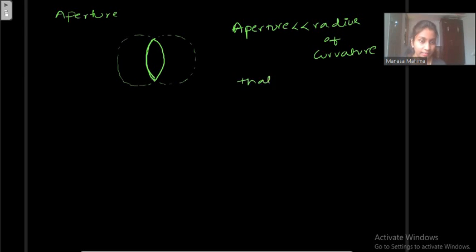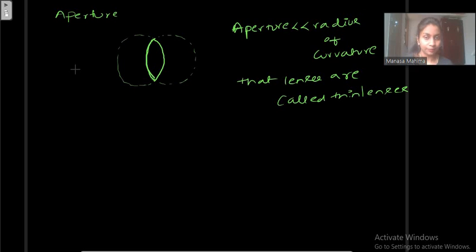thin lenses. That kind of lenses we will call thin lenses. What is aperture? I hope you have understood. This is the aperture, and this should be less compared to its radius of curvature.